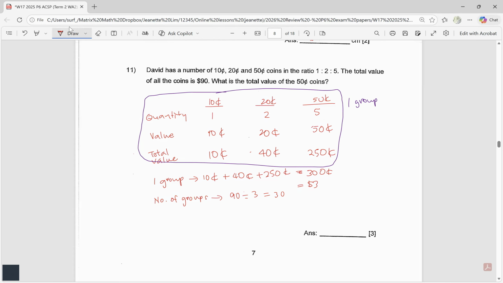So what is the total value of the 50-cent coins? Total value of the 50-cent coins is 250 in one group. There's only one group, but I have 30 groups.